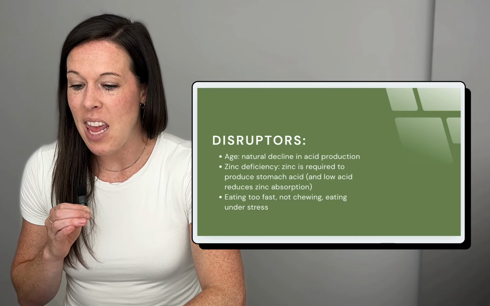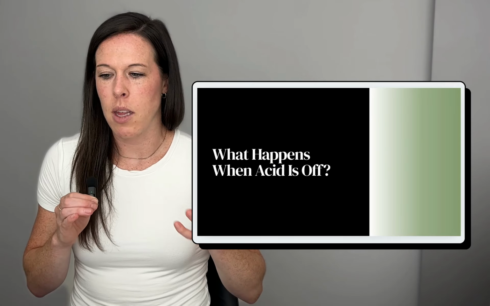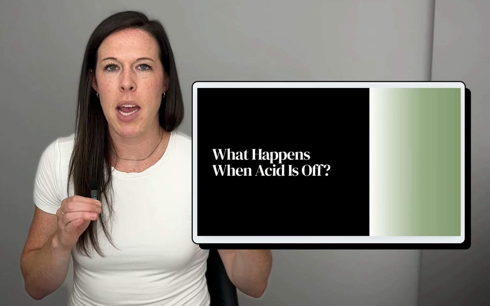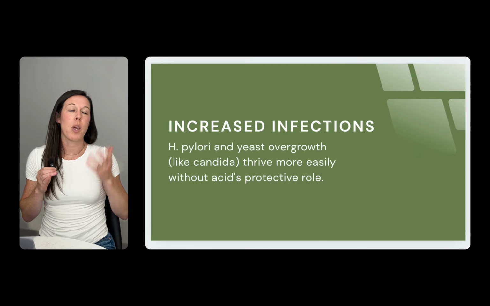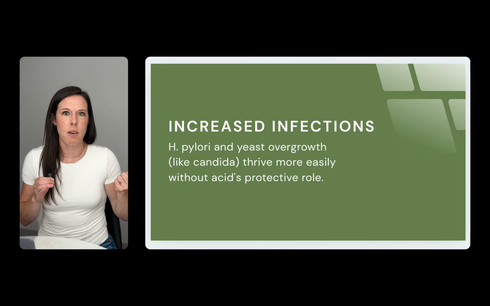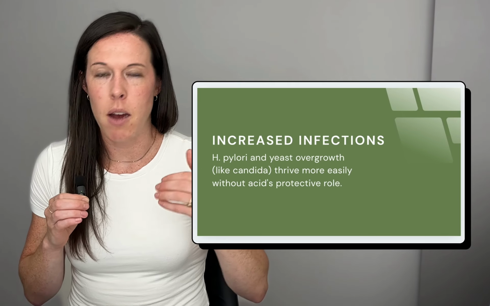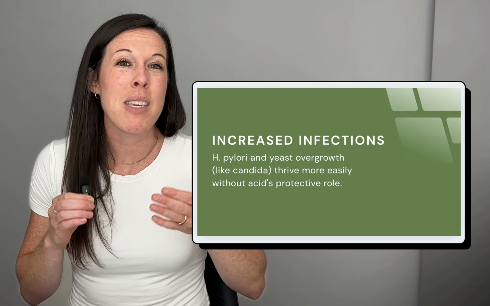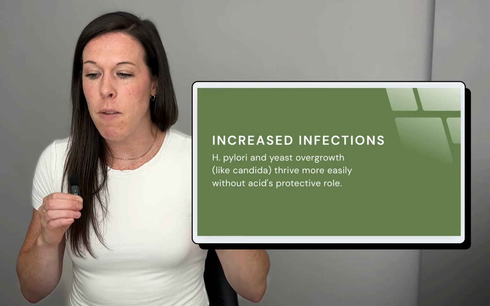So if those are the things that disrupt it, the next question is, what happens when our stomach acid is off? What happens if it does go down? Here are some things that happen. One of them is increased infection. I talked about H. pylori. When stomach acid goes down, infection increases because we're missing that protective barrier, since protection is one of its roles.